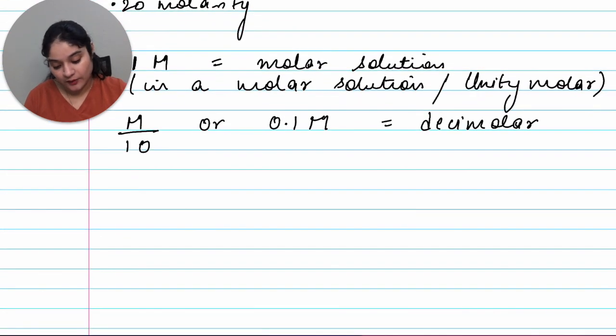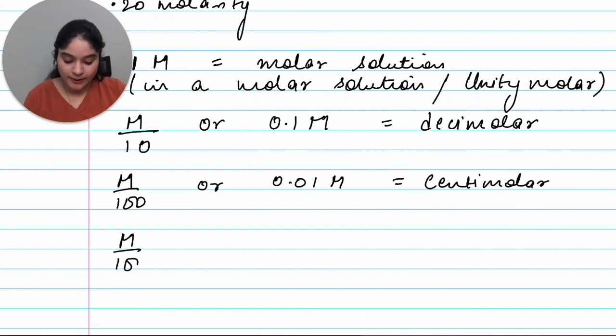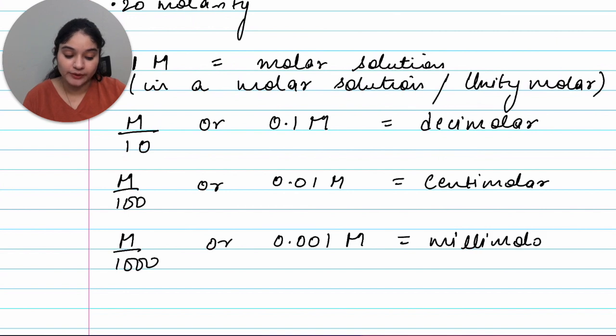If you have, let's say, M over 100 or 0.01 M, that is centimolar. Then if I have M over 1000 or 0.001 M, this is millimolar.